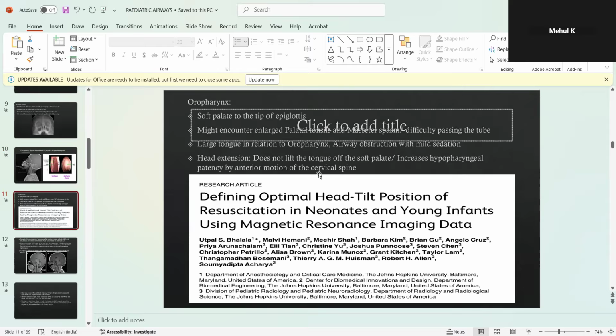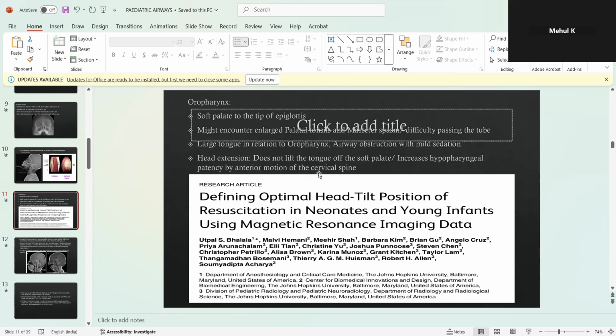The pediatric population differs very much from adults in that the tongue is large in comparison to the oropharynx, and any amount of mild sedation or depressed consciousness of the child can result in airway obstruction.